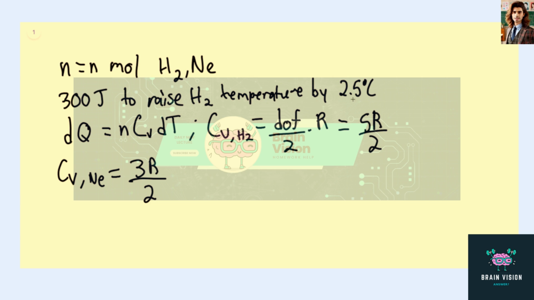However, with a diatomic gas, let's draw this. This is very rough. It can rotate on this axis, so that would be rotating about the y-axis. It could rotate about the z-axis.